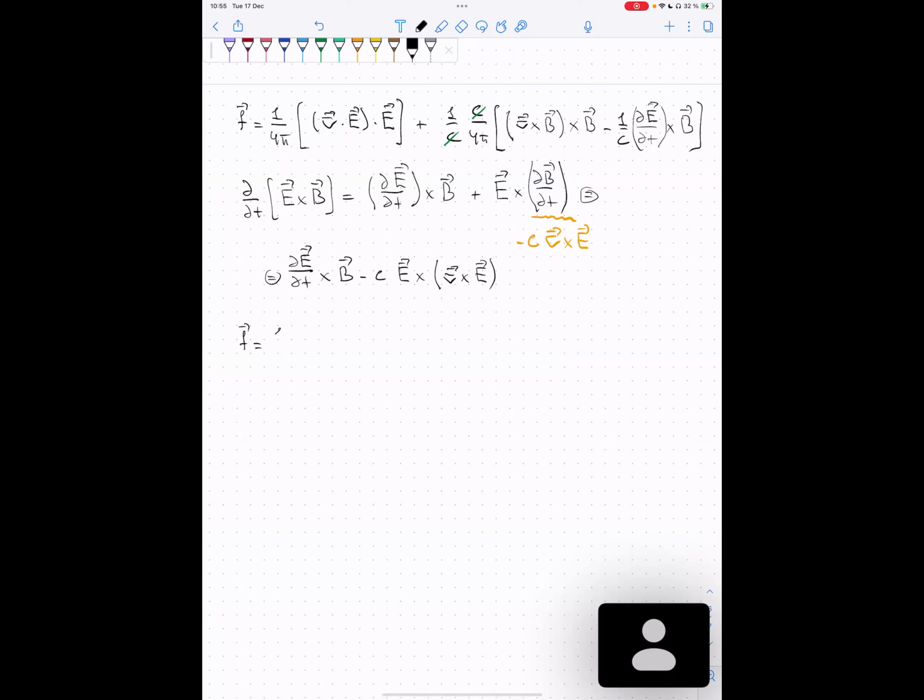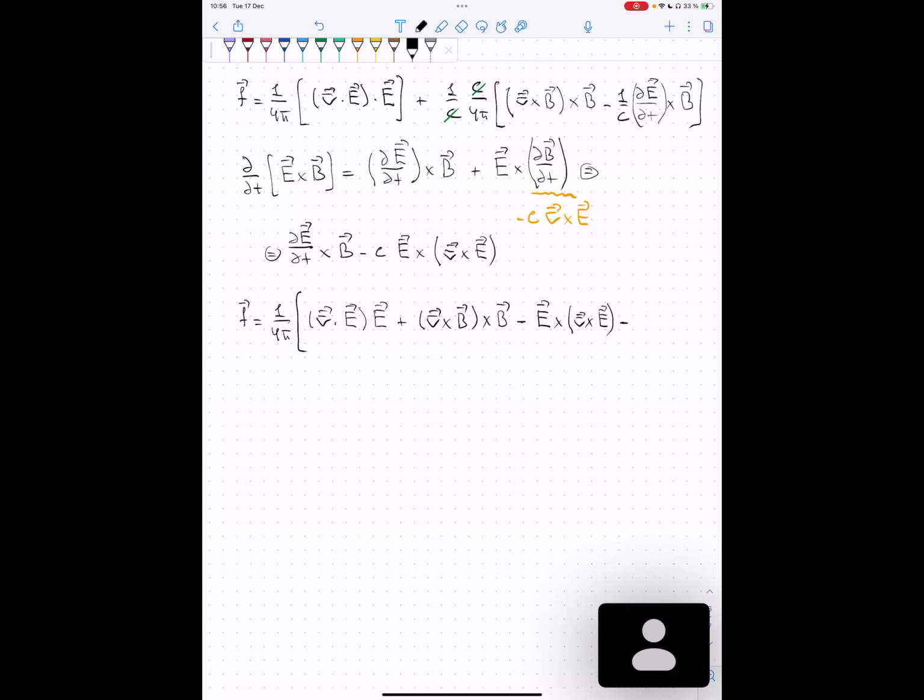The Lorentz force equals 1 over 4 pi, divergence of E times E, plus curl of B times B, plus E times curl of E, minus 1 over c d over dt of E times B.